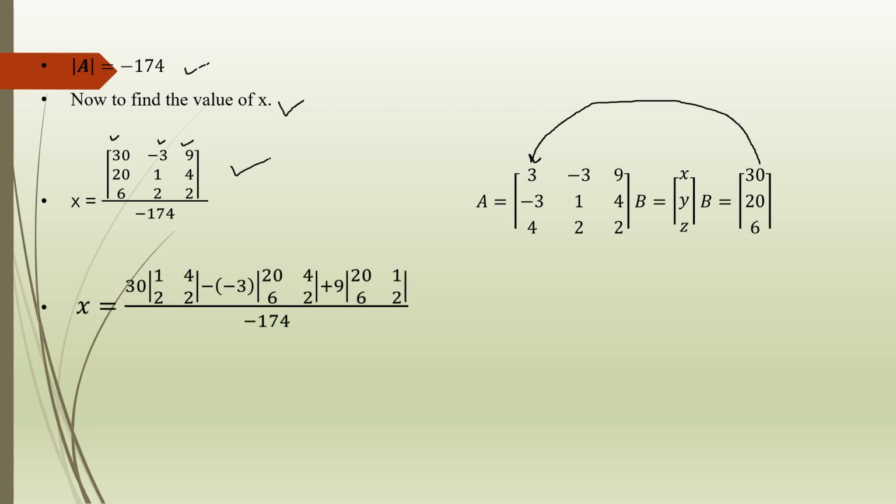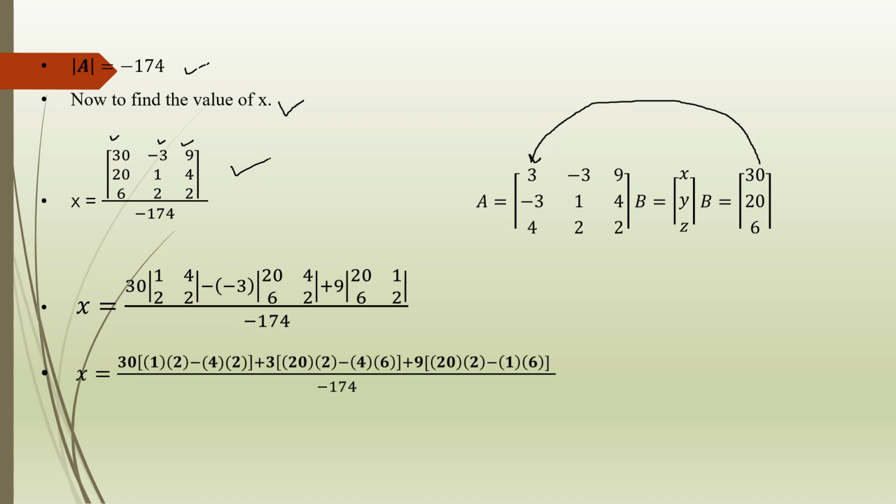Here we need to find the determinant of the above matrix and then divide by the determinant of A, which is already minus 174. After calculation, the value of x becomes minus 1.